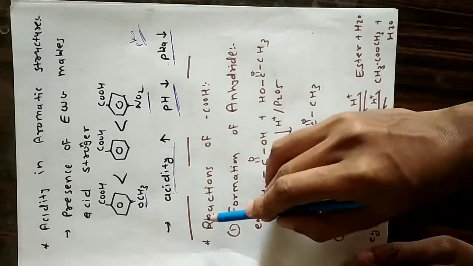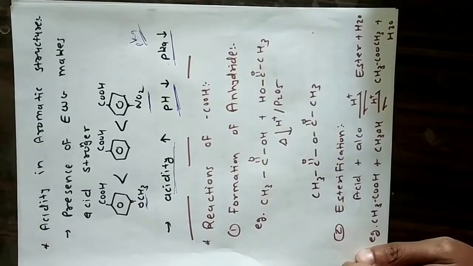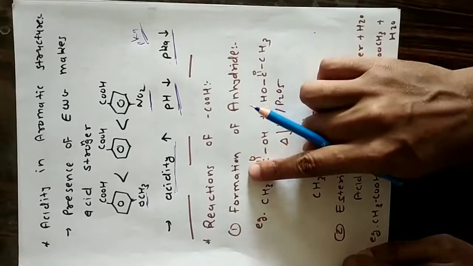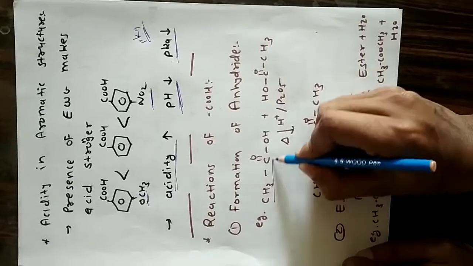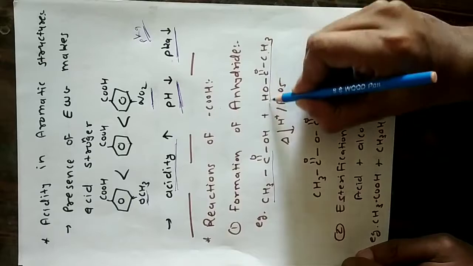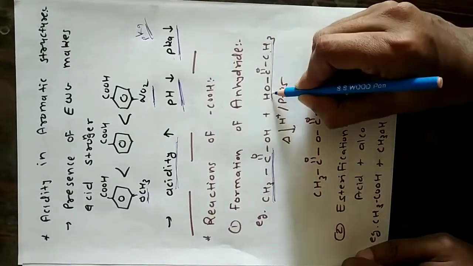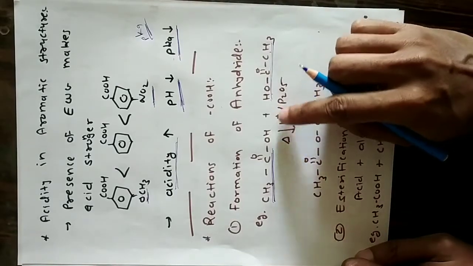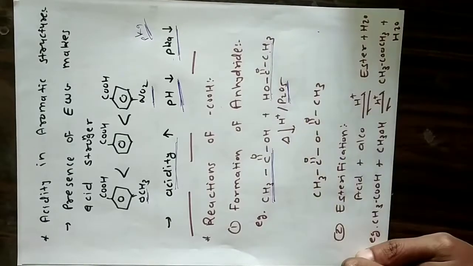Next one, reaction of carboxylic acid group, COOH group. So here are some reactions of COOH group. First reaction, that is formation of anhydride. Now you can see I have taken two same molecules, acetic acid. This one is written inverted only. So when two acetic acid molecules combine and we heat it, the catalyst is P2O5 here.